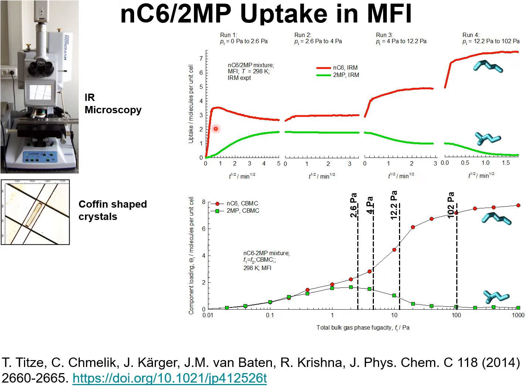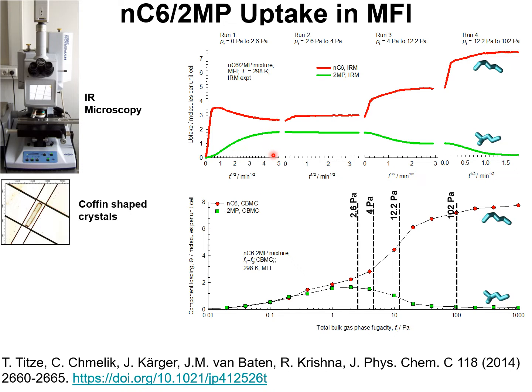In run 1, the MFI crystals were exposed to a gas mixture at a total pressure of 2.6 pascals at a temperature of 298. The uptake of normal hexane is shown by the red line, and the uptake of 2-methylpentane is shown by the green line.